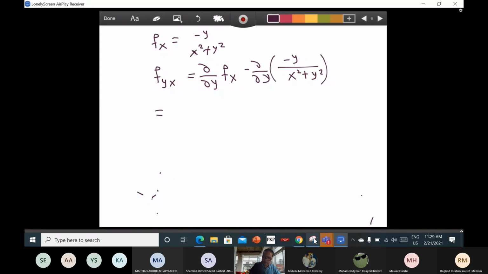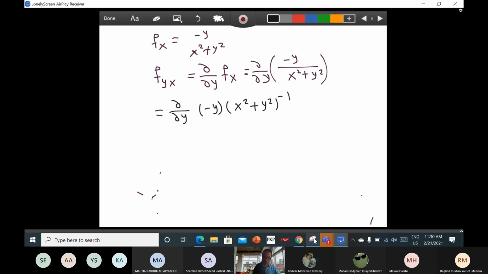So it will be minus. I'm differentiating with respect to y, so I keep this one, minus y. Instead of having the division rule, I will make it the power rule. So I take this one to the minus 1.